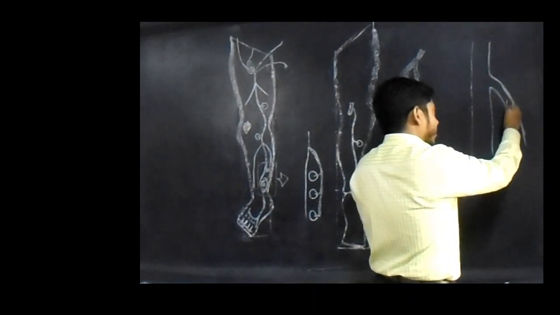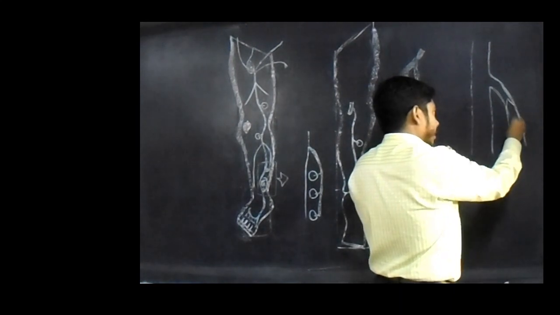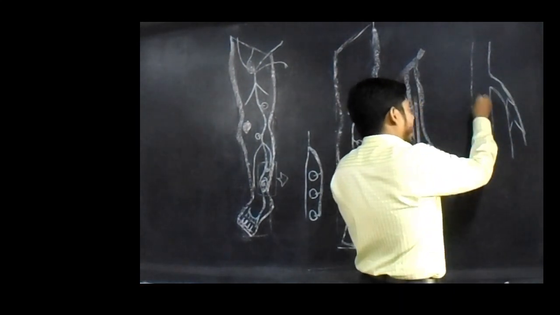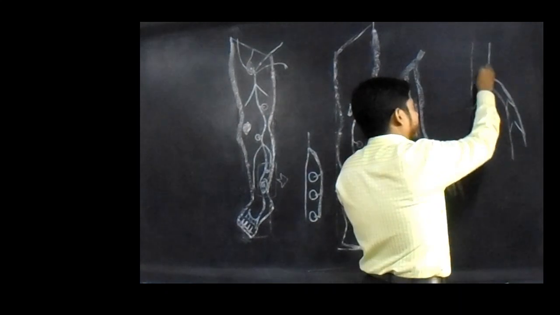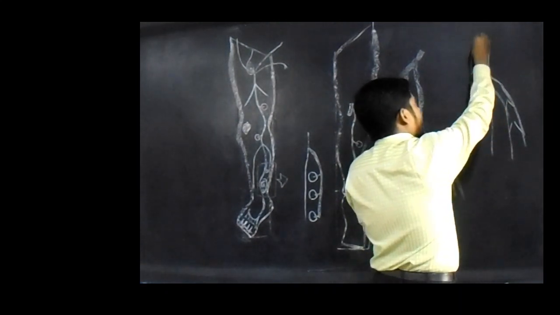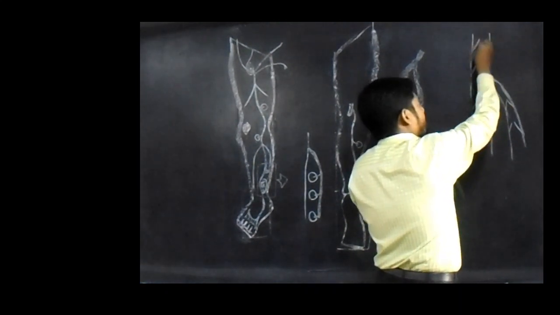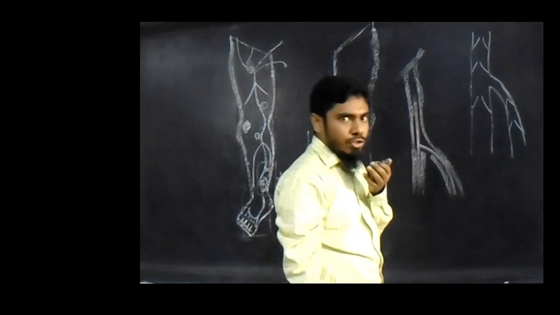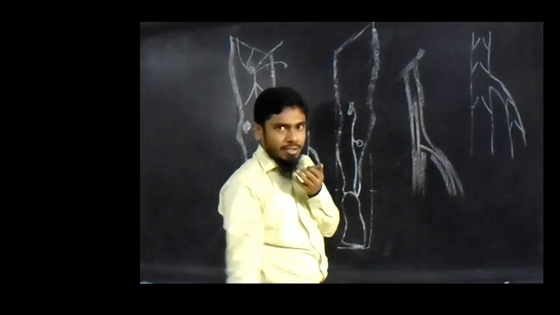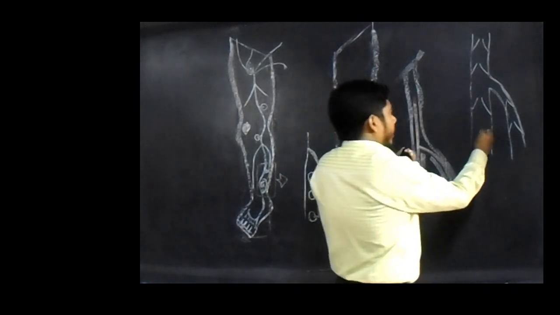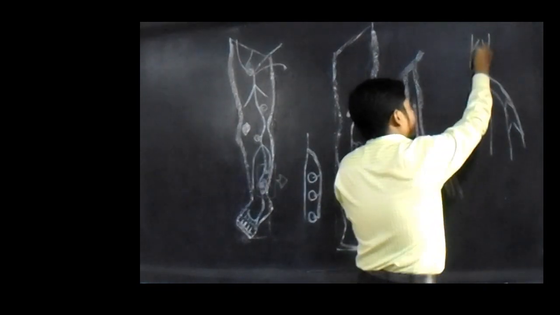The superficial veins also possess valves like this, and the deep veins also possess valves here, and their direction is towards the heart because they allow the blood to flow toward the heart. Okay, that means in that direction.